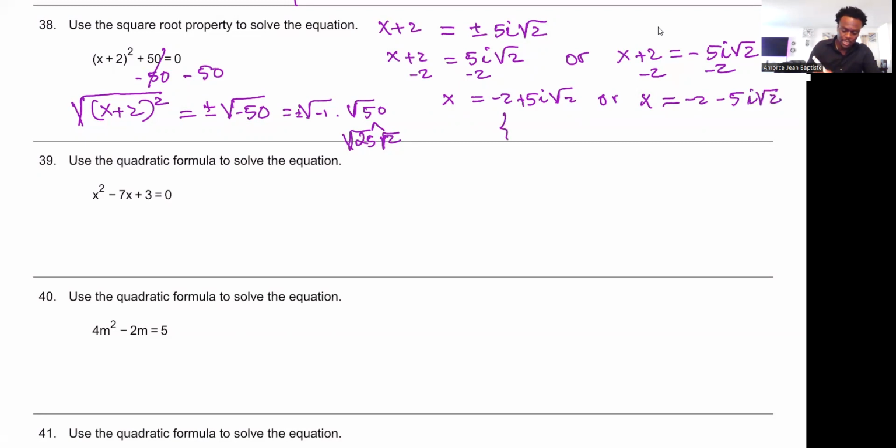And my solution set: the first one, negative 2 plus 5i square root of 2, and the second one, negative 2 minus 5i square root of 2. So I have my solution set.